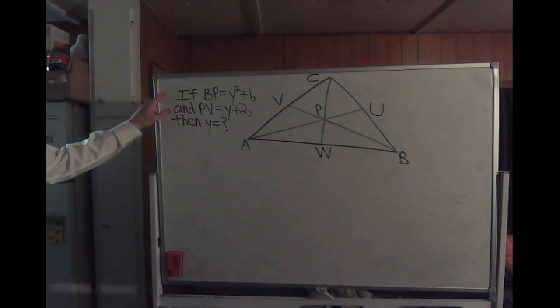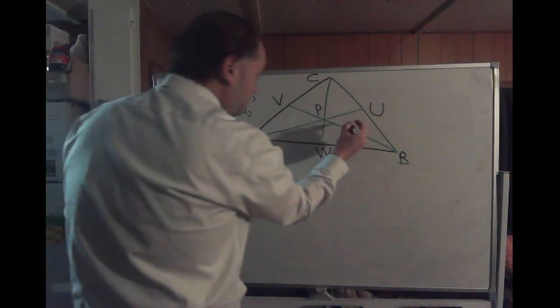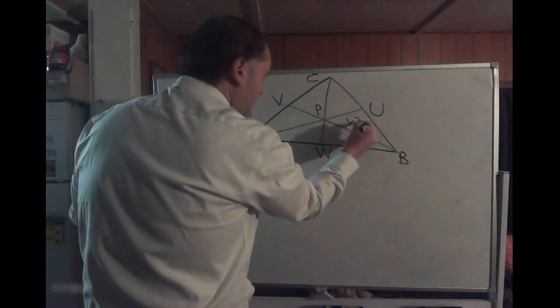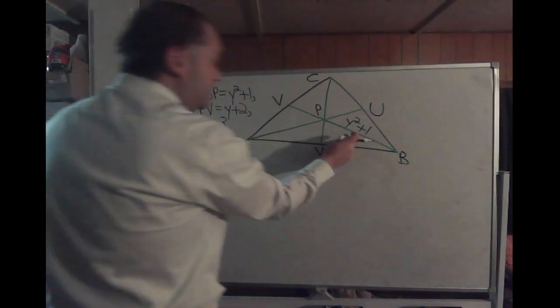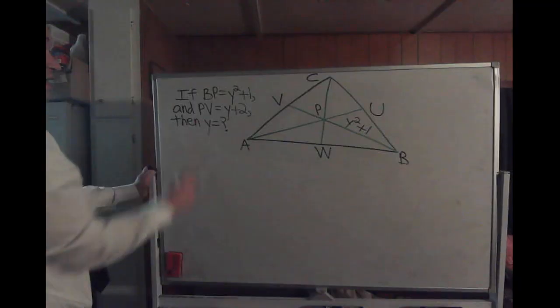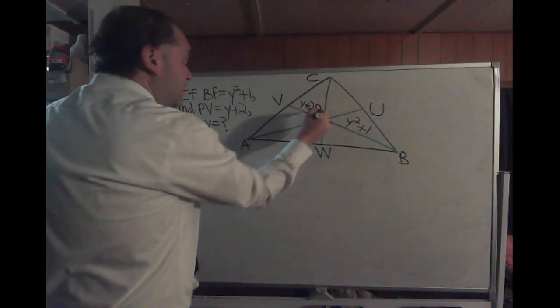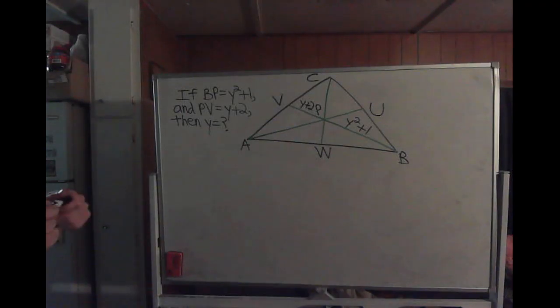If BP, which BP's right here, has a length of y squared plus 1, and then PV has a length of y plus 2, right? Okay. What do we understand again?